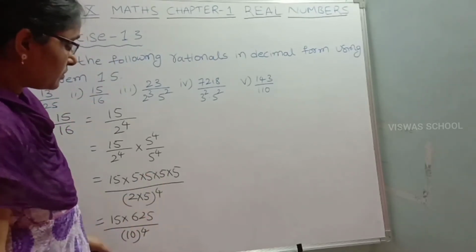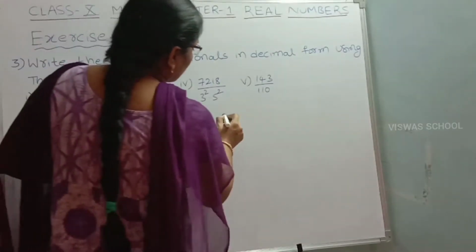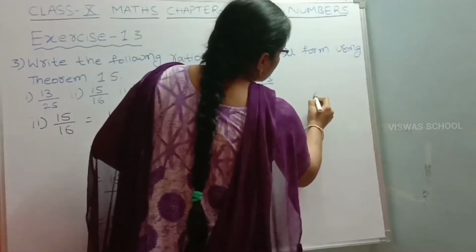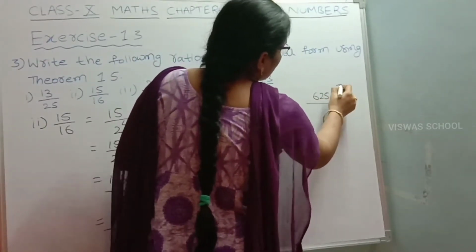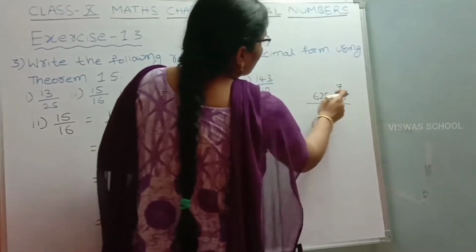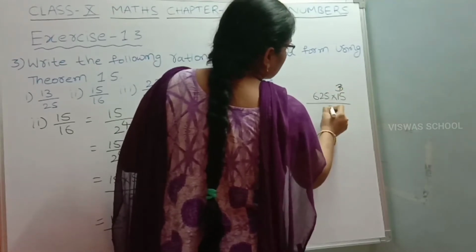Now 15 into 625. Once you see here, 625 into 15: 15 5s are 75. Now 15 2s are 30, 30 plus 7 equals 37.